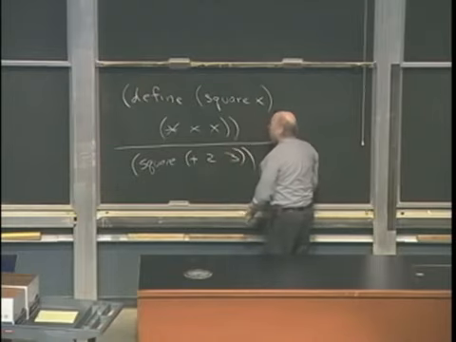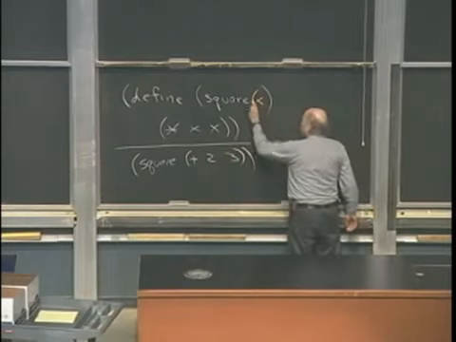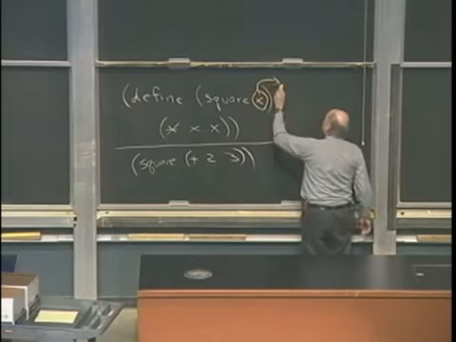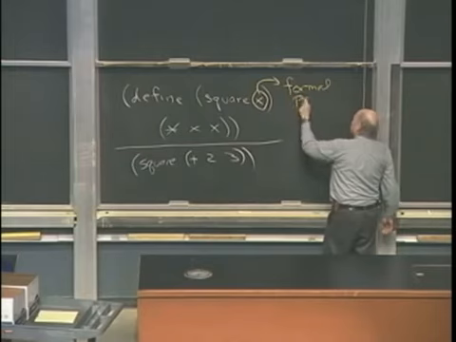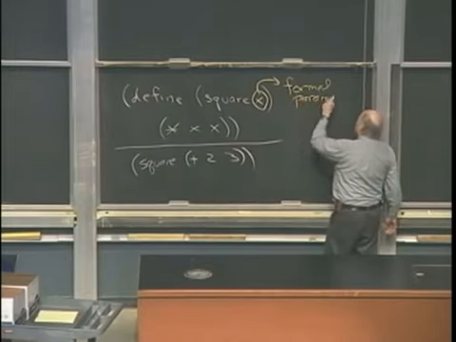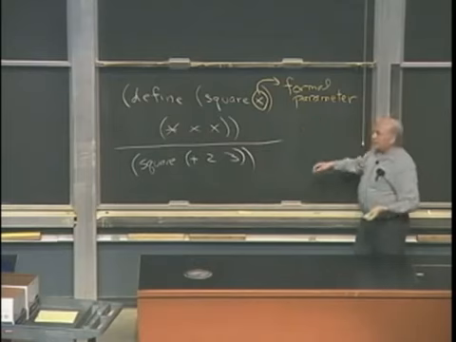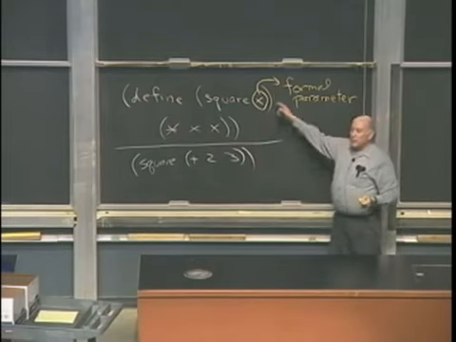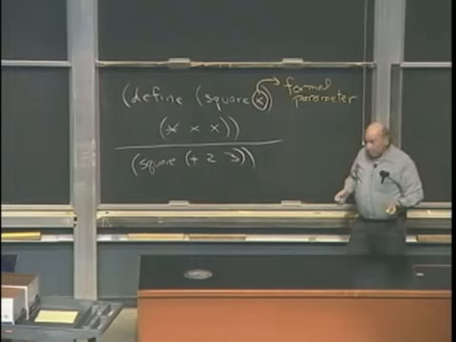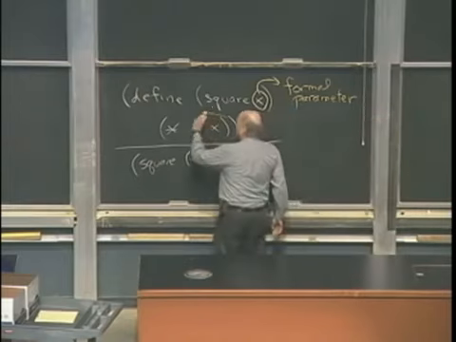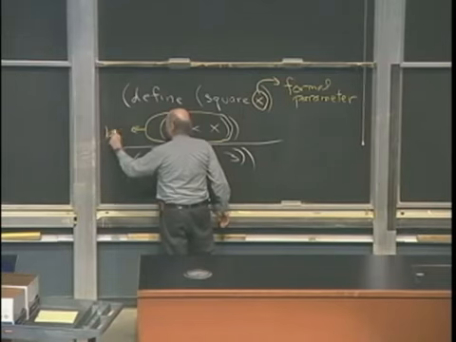Okay, here's your vocabulary lesson for today. This thing is called a formal parameter. You don't have to write it down, it's in my lecture notes. Just understand it. So the formal parameter is the name for an argument to a function. This thing here is the body.